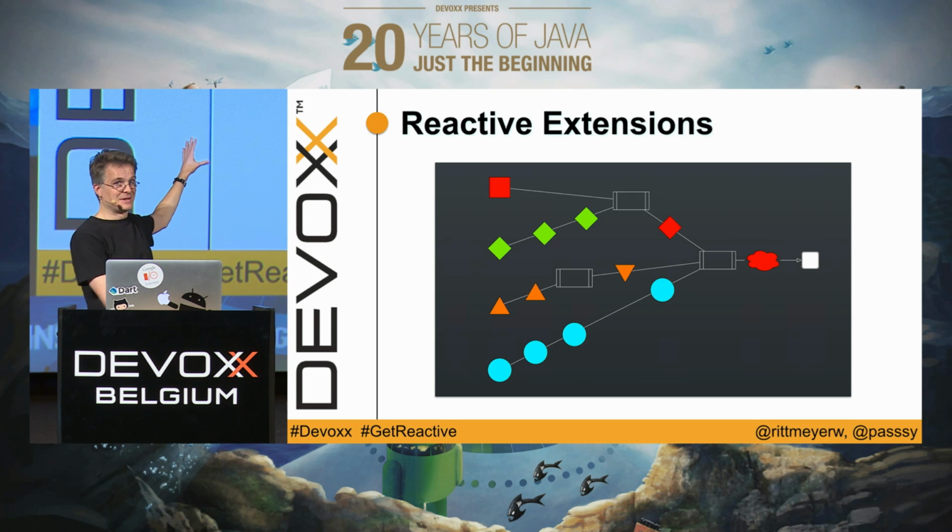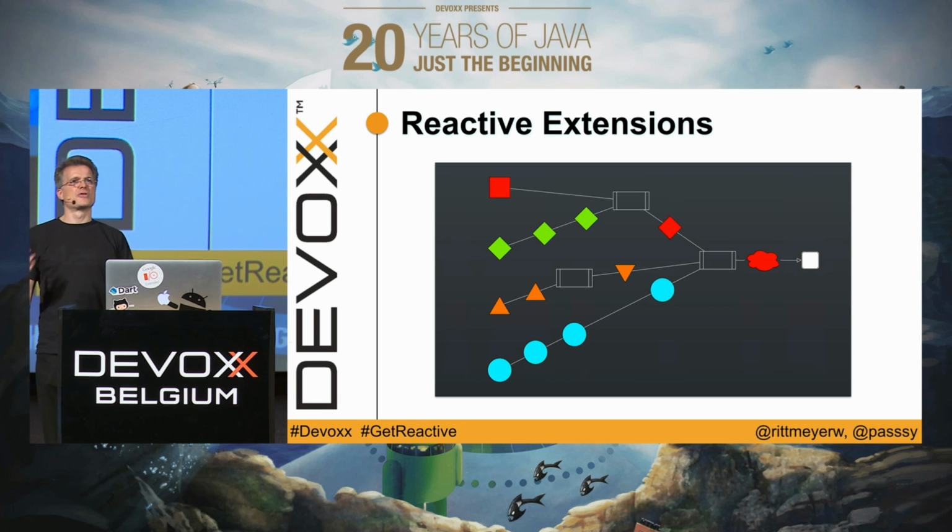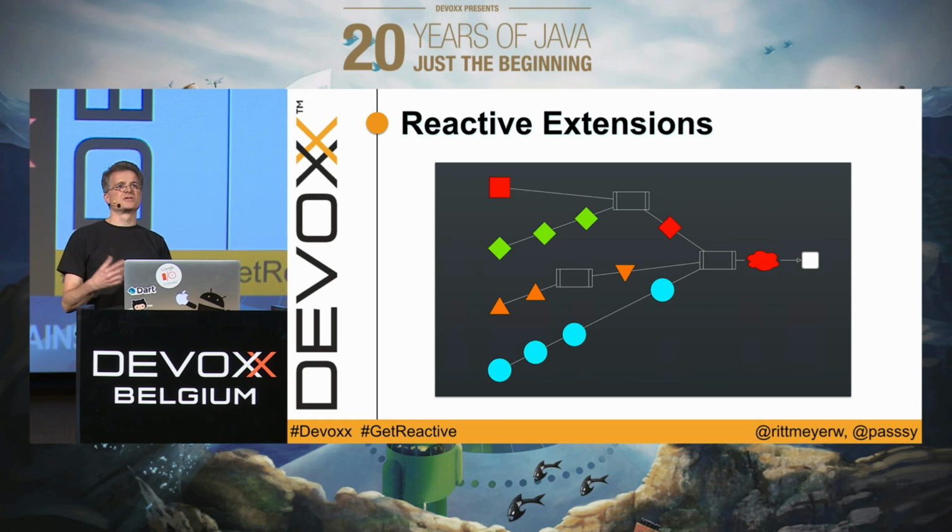Those observables are, let's say, a wrapper for those data sources. And those rectangles are the operators that operate on the observables. They manipulate them or combine them. As you can see on the top, there are two observables that get combined together, or below the triangle gets flipped upside down.